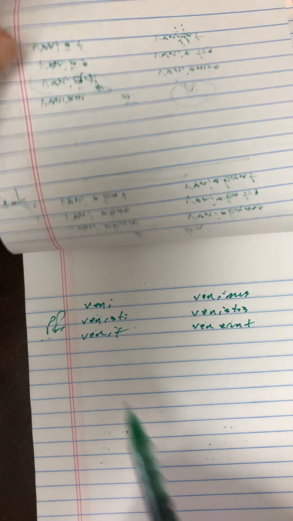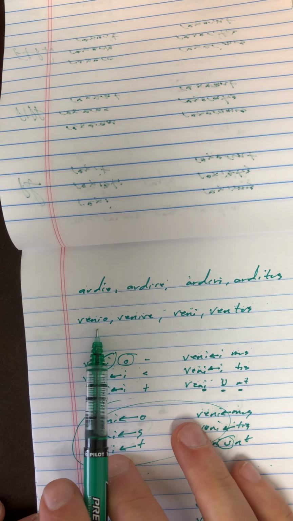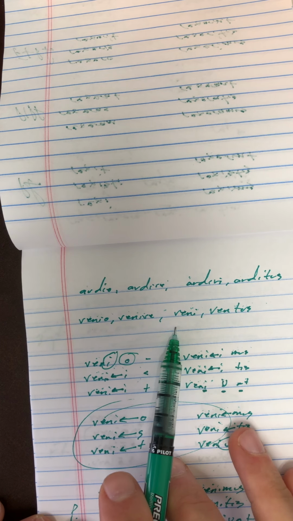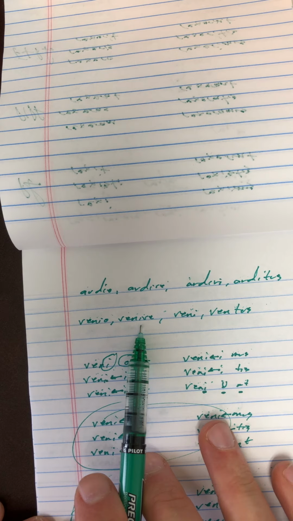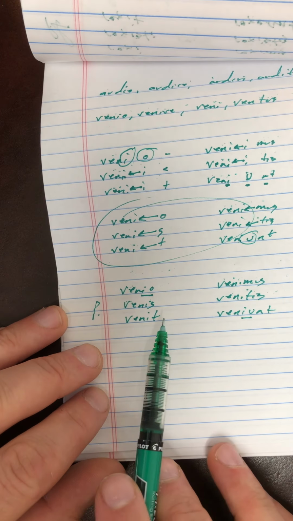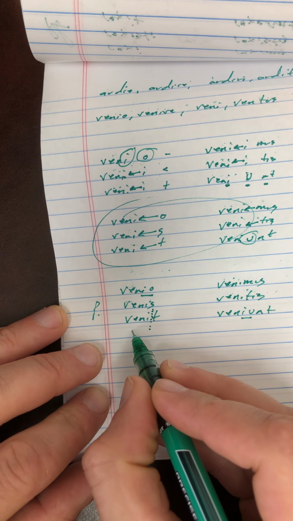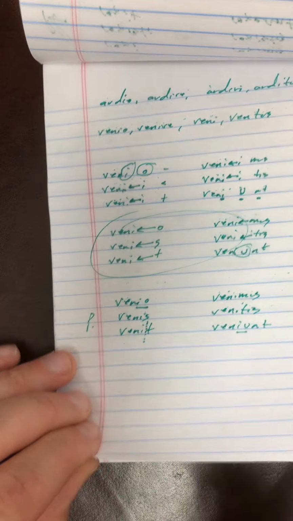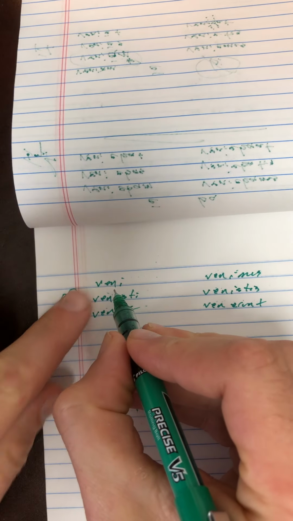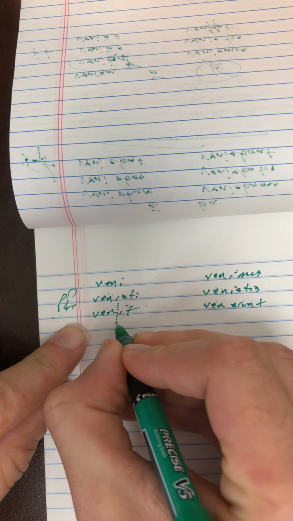Now I want to show you something as we pause here. Notice that because of the oddity of the principal parts, venio, venire, veni, ven is the perfect stem, veni is the present stem. We added only a T. This is where the break is in the present. This is the stem, veni, this is the ending, T. Curiously, because ven is the stem in the perfect, here is the stem.